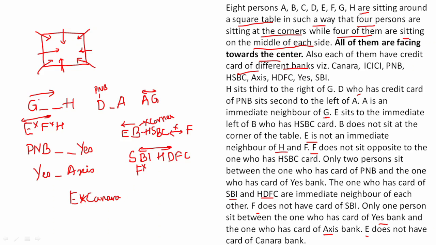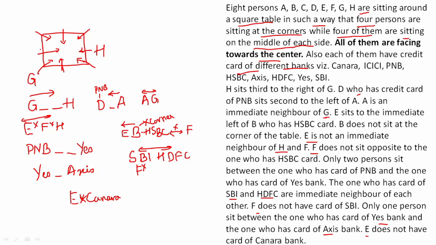G and H is good information. P and B, because this is right, so we know where it is. So we'll start somewhere. So G I'll take here. 1, 2, H should come right side. So H has to come here. A and G are together, and A one place on the left, I think. Left of A is D. So if I take A here, then D will come here.